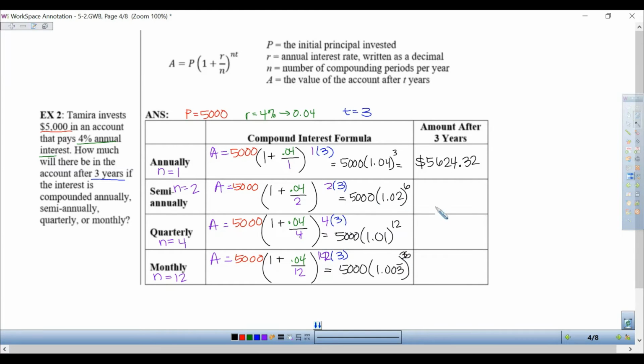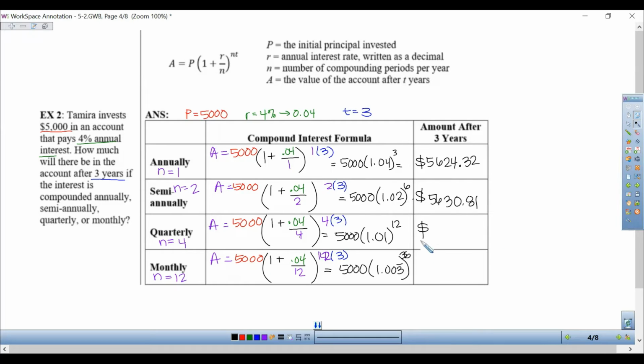Okay, so if I evaluate each of these, again, type in 5,000 times 1.02 raised to the 6th power. That's going to give me $5,630.81. Notice that if I'm compounding interest one more time a year, I'm making a little bit more money on my investment, right? So that interest is getting added back to the account, and then I earn more interest on it. So the more it's compounded, the more money you make.